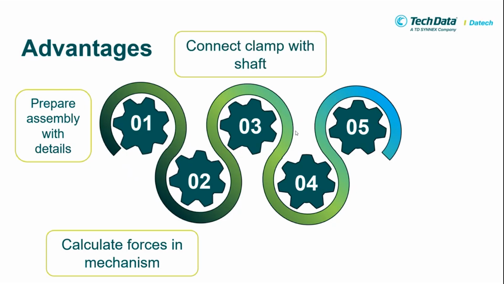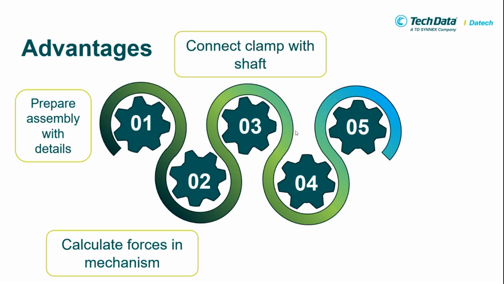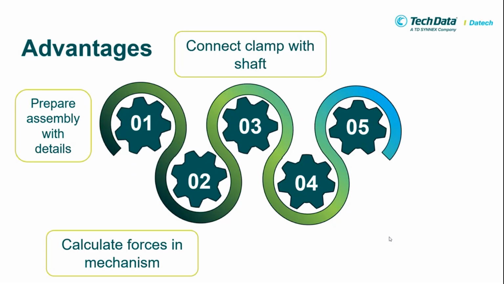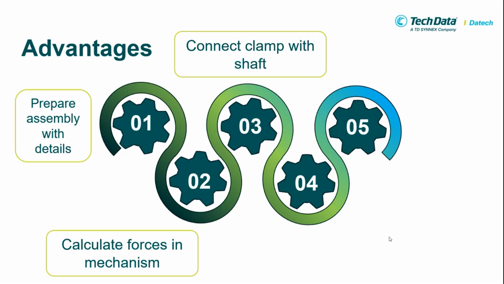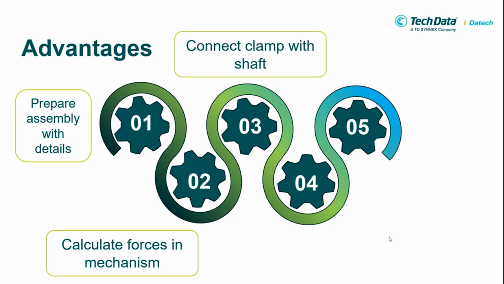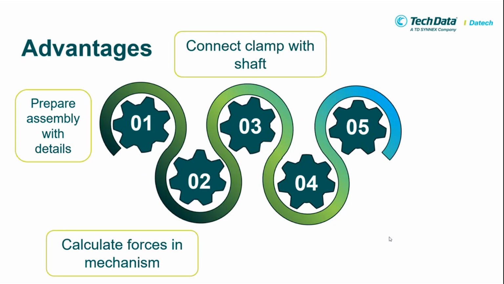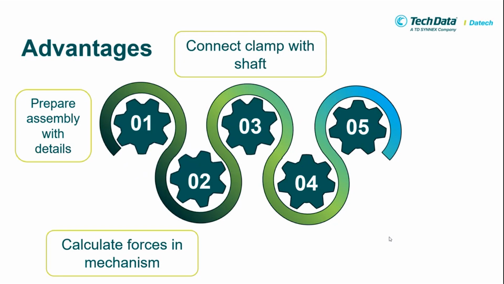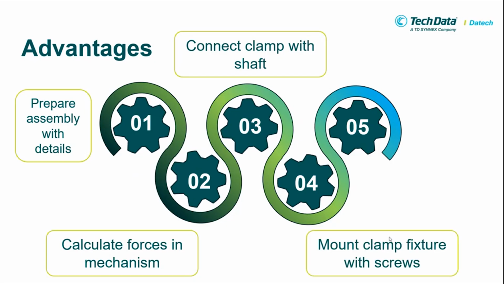Connecting clamp with shaft: the mechanical toolset not only offers standard parts but also assists in creating complete machine parts by automatically connecting parts with project information. Any change on one component will cause an automatic update on all other related components.